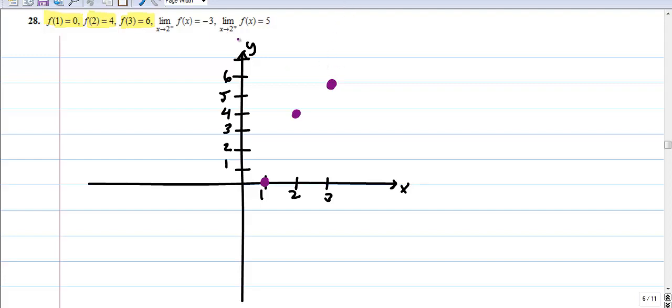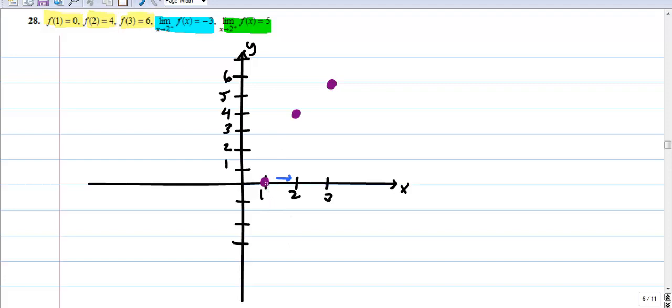Now, all I know now is this limit as I approach 2 from the left is negative 3, and as I approach 2 from the right is 5. So what that means is as I approach 2 from this direction, the y value is going to go down here to negative 3.